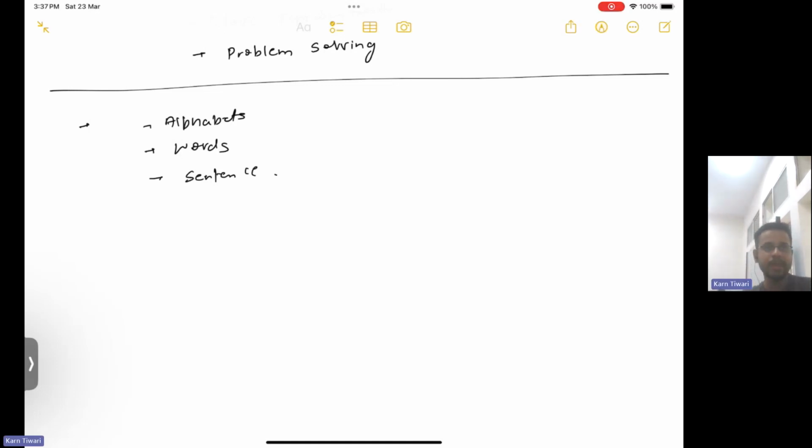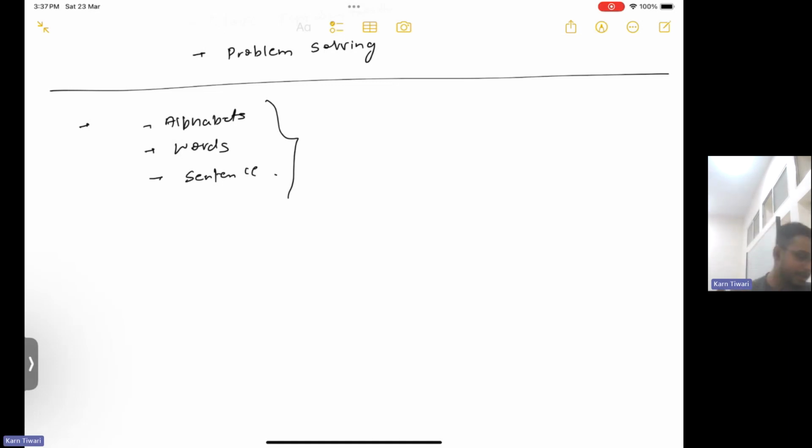Every word has a unique meaning, and a whole grammar and semantic meaning is associated with each word and sentence, with what it wants to convey.